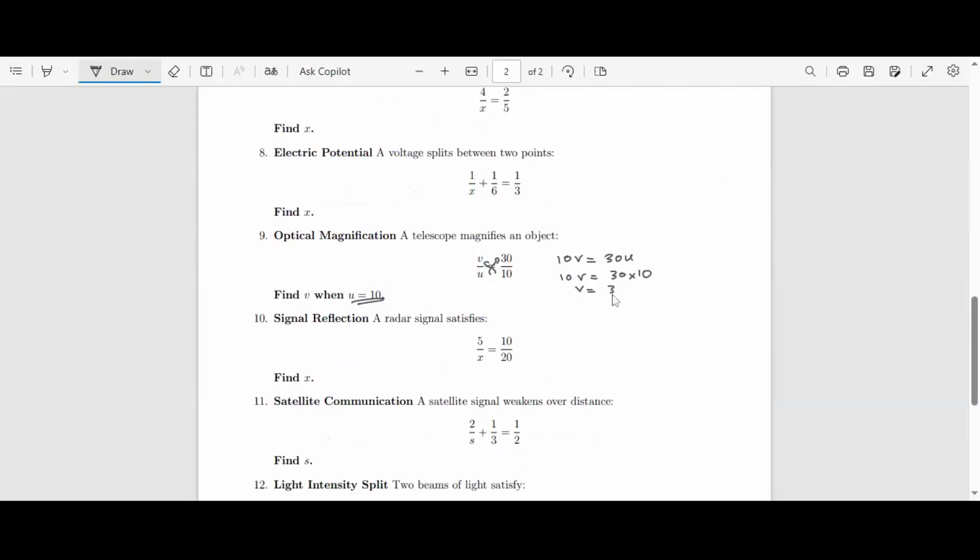So 10v equals 300, which should be divided by 10. 10v divided by 10, so v equals 300 over 10. If you divide 300 by 10, you get 30.